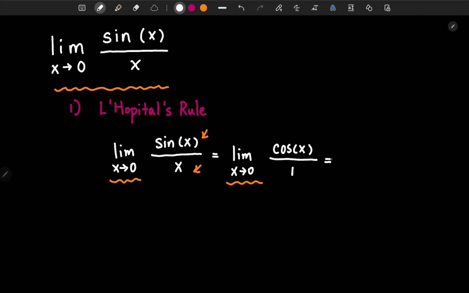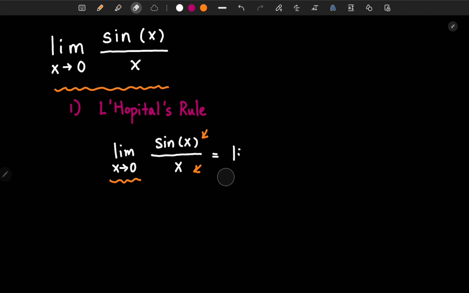Then we calculate the limit of cosine x as x goes to 0. Then we get cosine of 0 over 1, which is equal to 1. So by using L'Hopital's rule, we have shown that the limit of sine x over x is equal to 1. That's a quick and easy way to solve this problem.